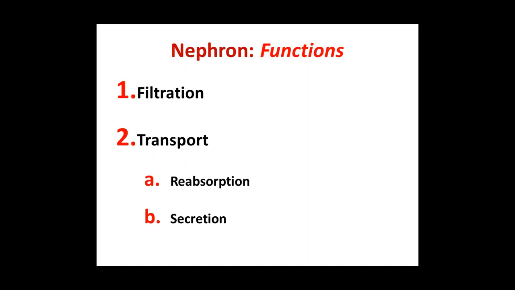If the transport of the molecule is away from the tubular lumen, it is called reabsorption. So these are the three functions: glomerular filtration, tubular reabsorption, and tubular secretion. Accordingly I have to discuss all three with you, and today I somehow finished the filtration. So the discussion of filtration I somehow covered.